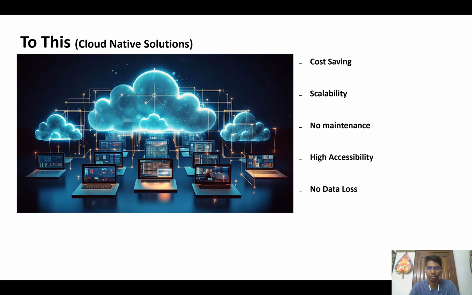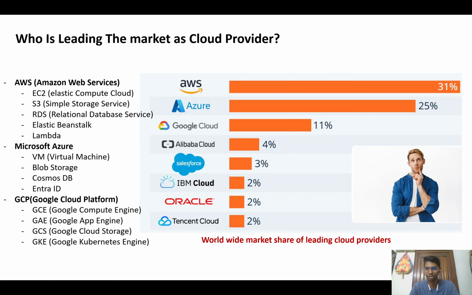Okay, so let me go to the third slide. Now, as you can see on the slide, there are a lot of cloud providers available in the market. We have AWS from Amazon, Azure from Microsoft, GCP from Google, and we also have Alibaba Cloud, IBM Cloud, and Oracle Cloud, who are providing cloud native solutions.